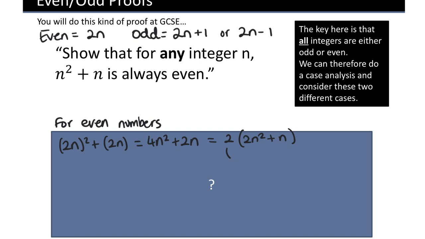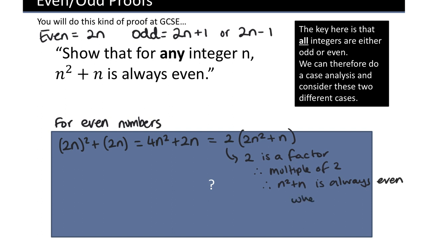It is clear to see 2 is a factor, therefore multiple of 2, therefore n squared plus n is always even when n is even, okay? Because we've said let n equal to n, okay?